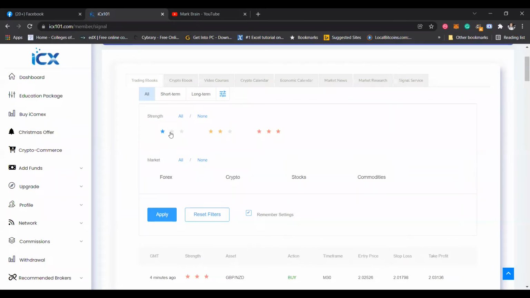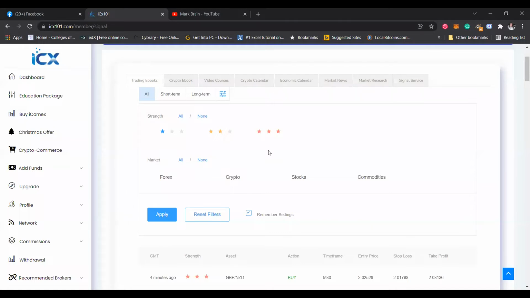I think for the past 6 months I'm with them, I never saw a 1-star signal before. It's either a 2-star or a 3-star. So you can decide that, okay, based on my analysis or my style of trading, I prefer the high probability and the high profitable setup.